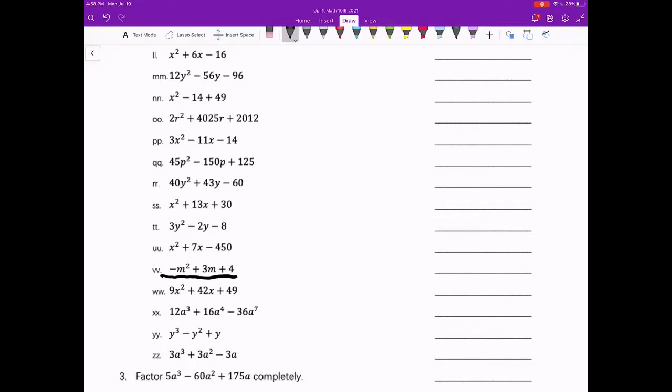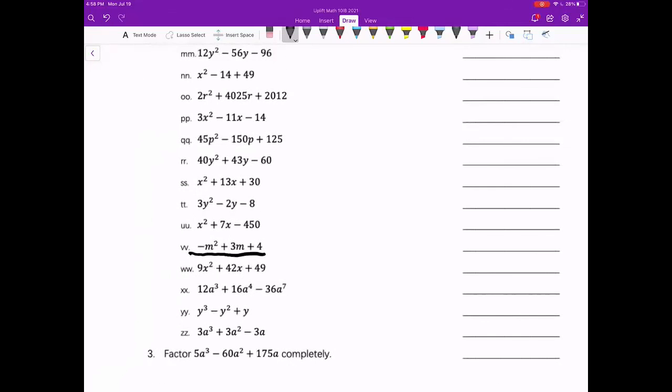Yes, that's correct. Good job. But we usually don't have a negative leading coefficient in our factors. So just extract the negative one out. Just divide by -1. Perfect.